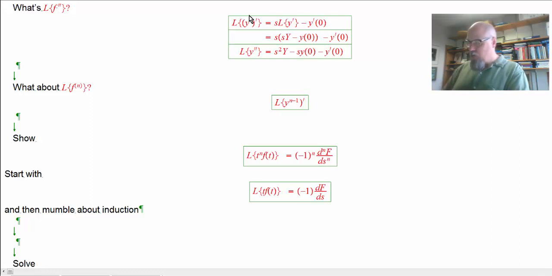So I'm setting it up in the same fashion as we did the second derivative, because that would just be s times the Laplace of the unprimed piece.